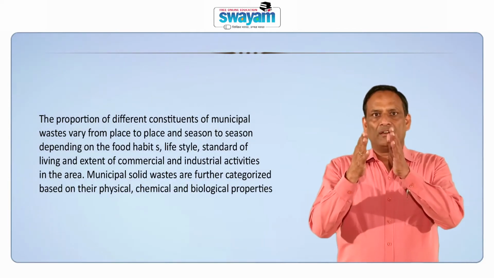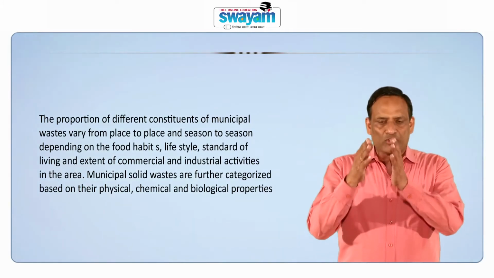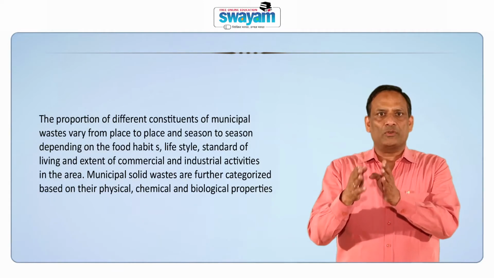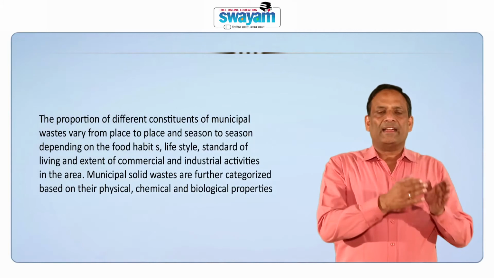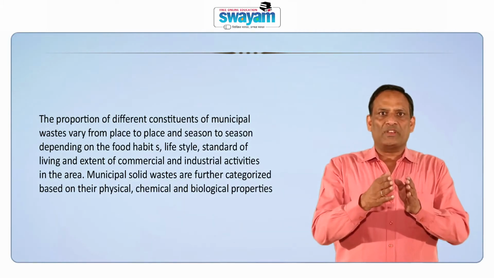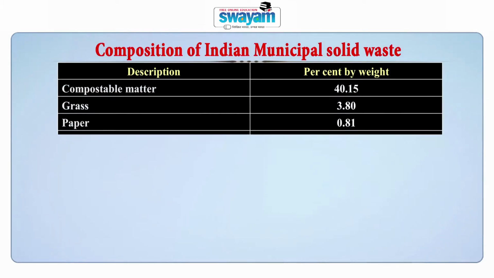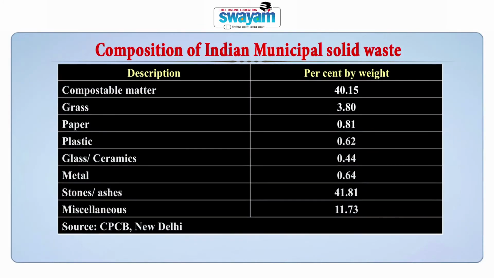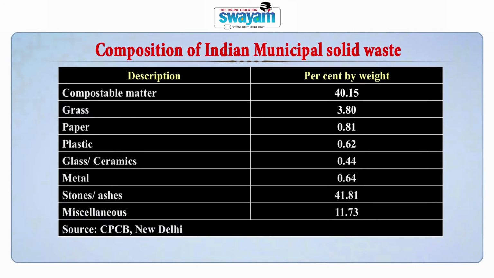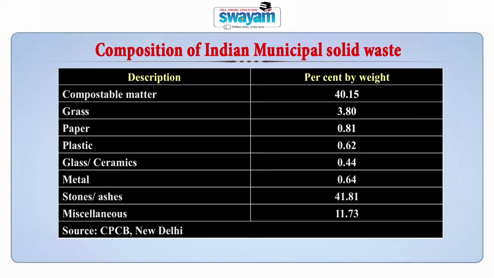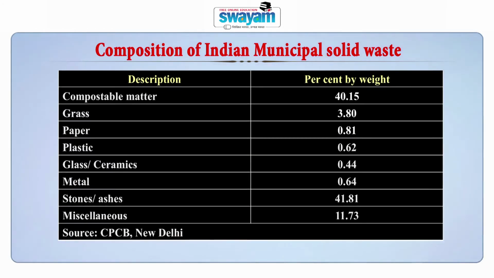In the developing countries, the physico-chemical properties as well as the constituents of the municipality solid waste may be different from those of the solid waste in the developed countries. It is difficult to give the composition of municipality solid waste, as we have just discussed, because the solid waste generated in different communities, in different countries or different places has different properties.